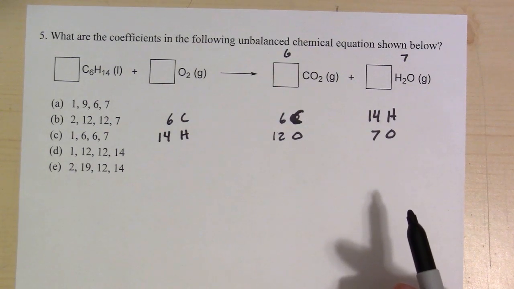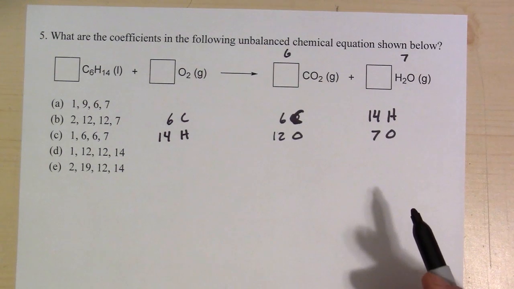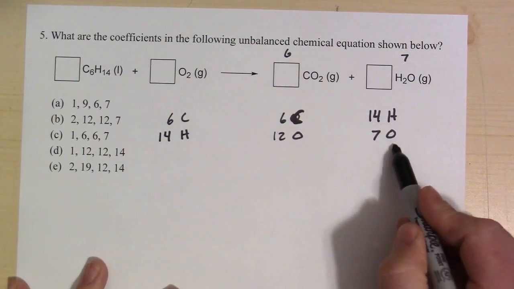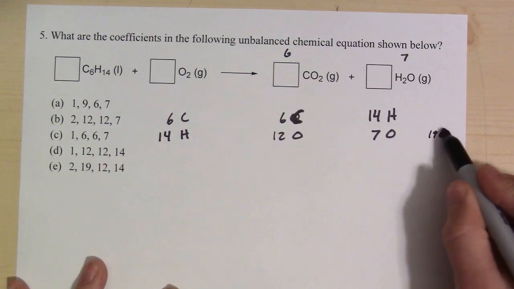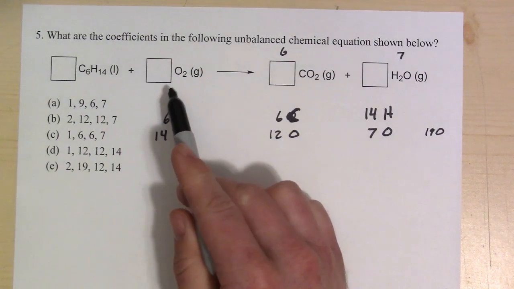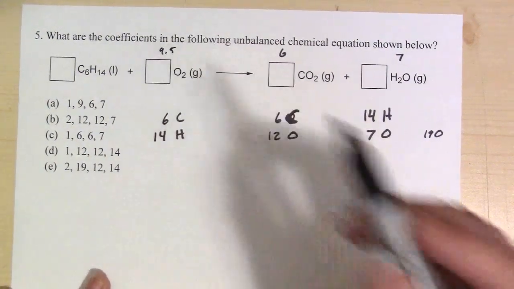So then we need to balance the oxygens. That's the remaining atom that we have not yet balanced. So here we have 12 oxygens and 7 oxygens. So that's a total of 19 oxygens that we have here. In order to get 19 oxygens, we need to multiply this by 9.5.